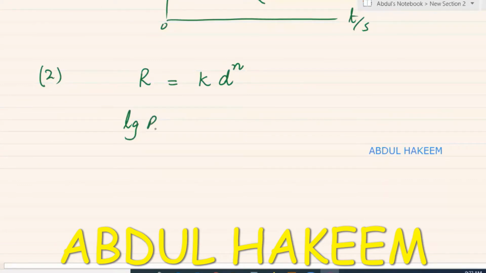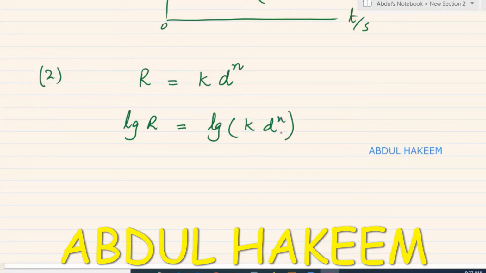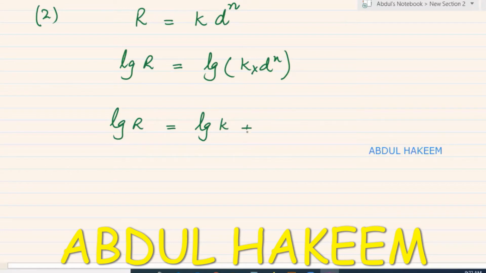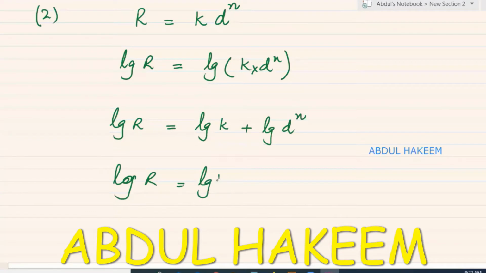So lg R equals lg of k d power n. So take lg on both sides for the power equation. It becomes lg R, then lg, this multiplication becomes plus, so plus lg d power n. So lg R equals log k, and this power becomes a multiple, n log d.